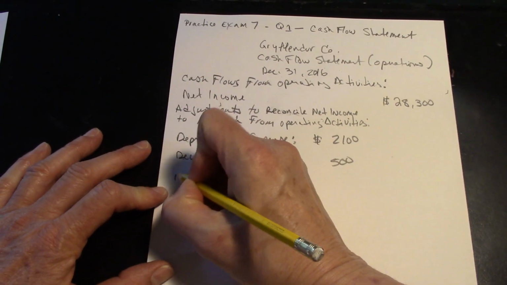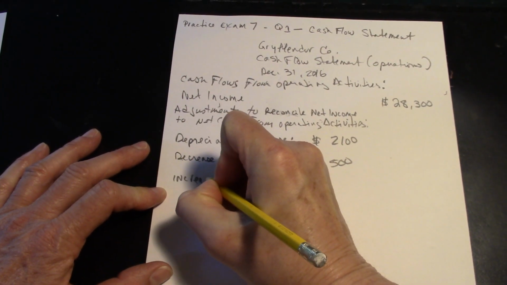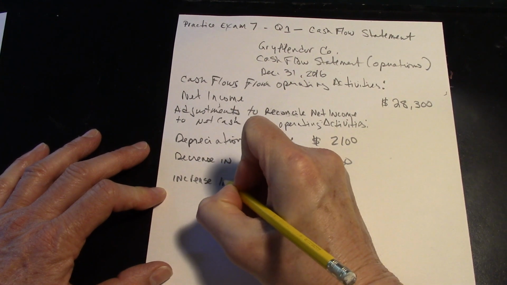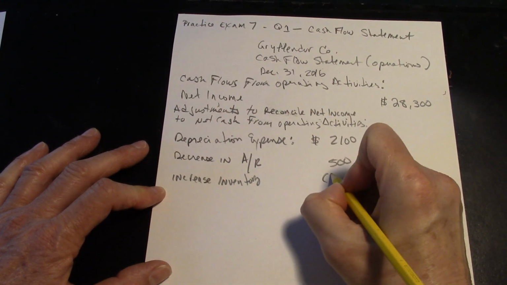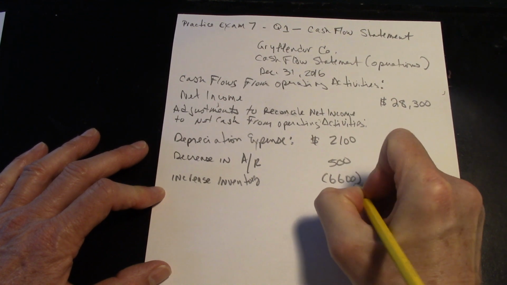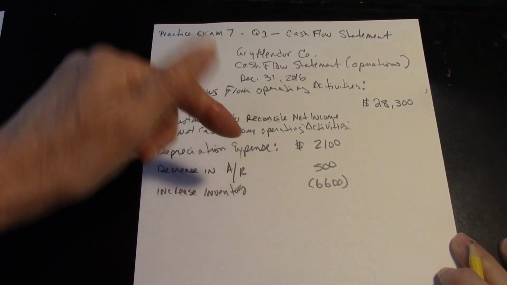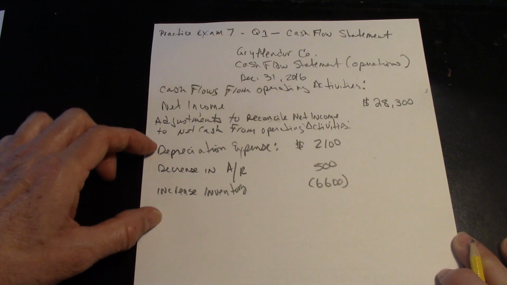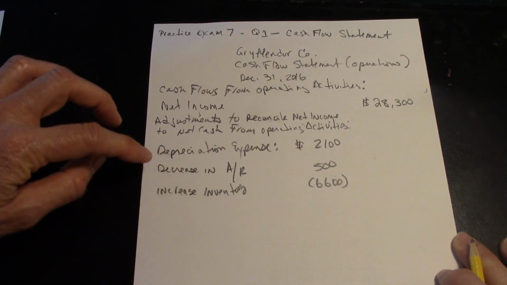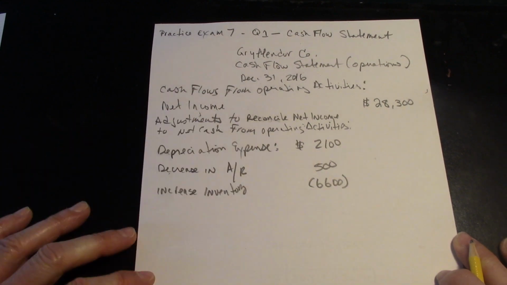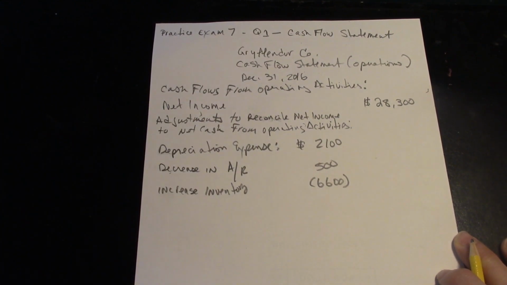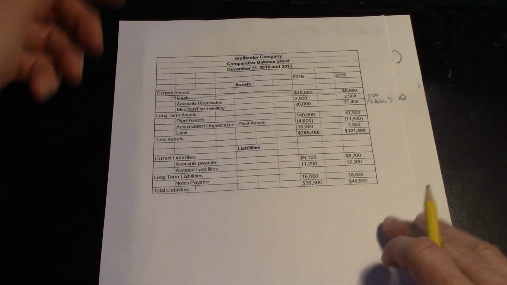So an increase in inventory means you're going to subtract it from the cash flow, right? So here's with current assets, whenever it decreases, you add. Whenever it increases, you subtract. All right. That's all the current assets.